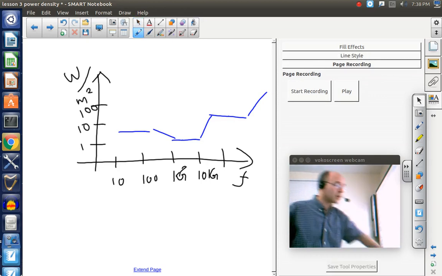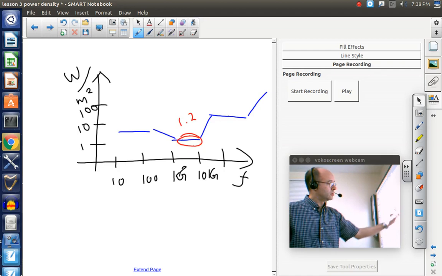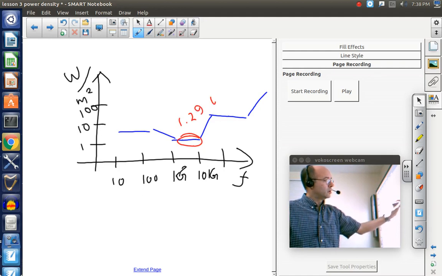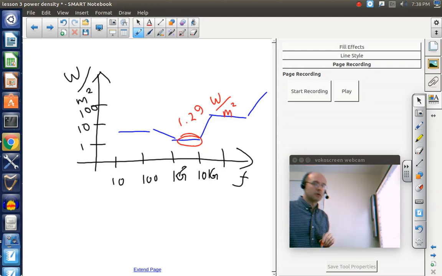The most strict is this one here, 1.29 watts per square meter. And this is for uncontrolled environments, and what we mean by that is somewhere the general public can be expected to happen upon.